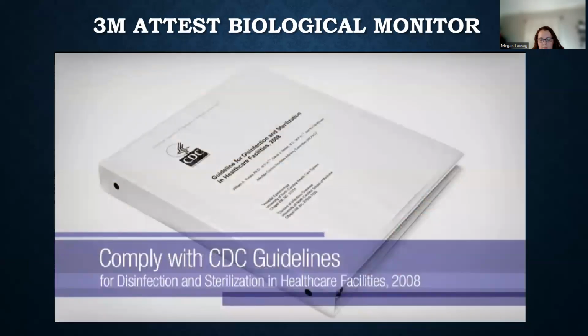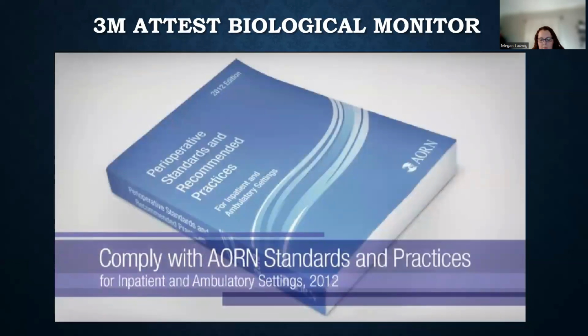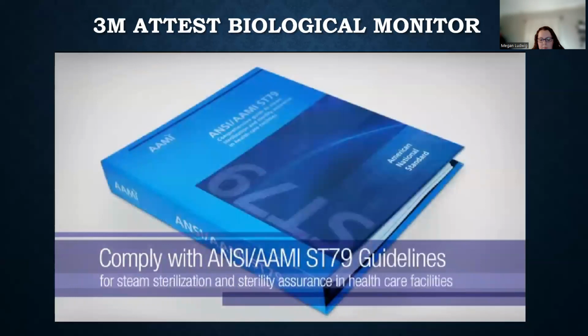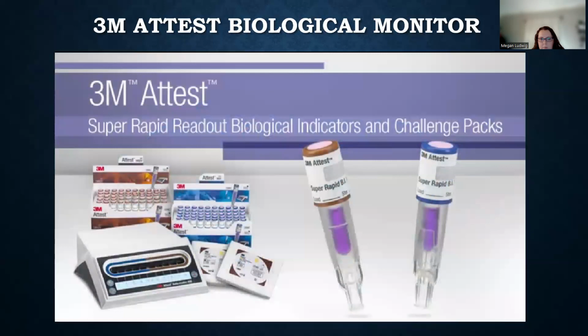Faster turnarounds make it easier to comply with sterilization guidelines, which helps you provide the highest standard of care for every patient. The 3M A-Test Super Rapid Readout Biological Indicator System includes biological indicators and challenge packs.